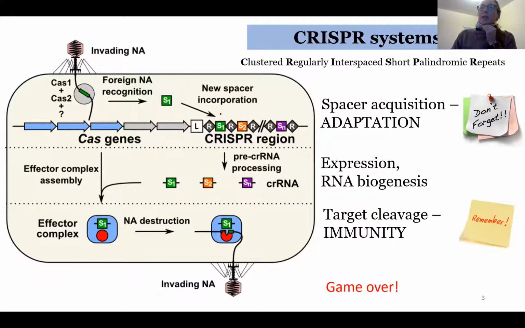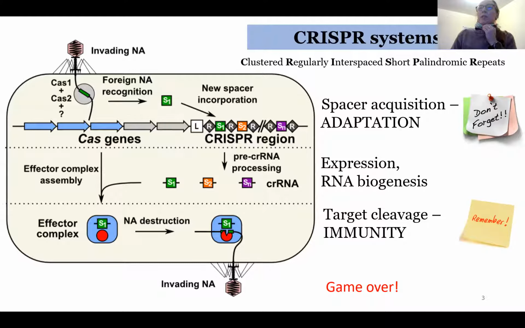These repeats lie in bacterial DNA, and it's repetitive nucleic acid sequences. And these repeats are interspaced with spacers. And these spacers came from invading nucleic acids from phages. And this is the step which is called spacer acquisition or adaptation.